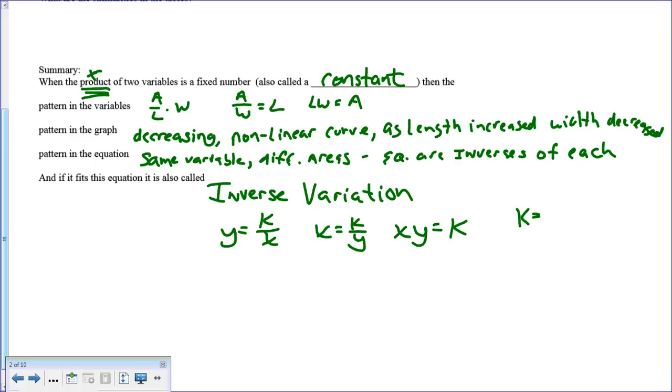What number was replacing k in your equations? The area, which is what? What do we call the area? It started with a C. Constant. The number never changed, right? The area never changed in any of your tables, right? The lengths and the widths did, right? The area always stayed the same. All right?